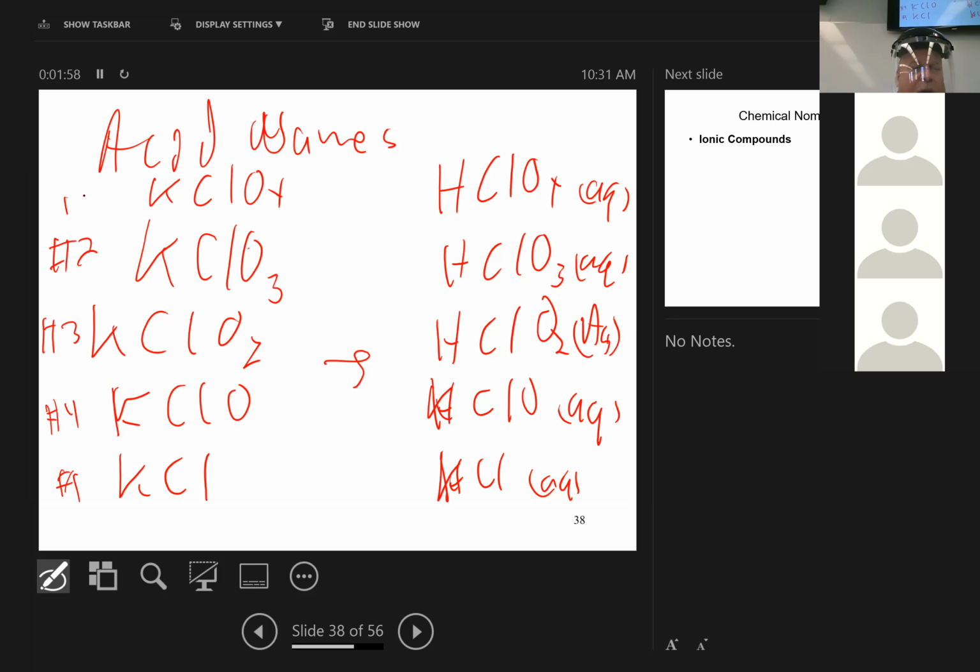Okay, number 5, potassium perchlorate. Very good. Okay, when you go to acid names, essentially what happens is you put the acid at the end, and this becomes perchloric acid. Do you see the logic there? It goes from being potassium perchlorate to perchloric acid.